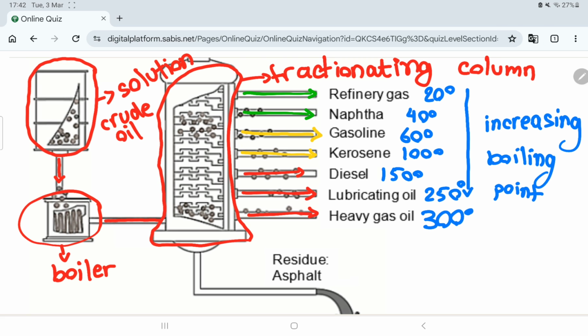Now actually 300 degrees is a high boiling point, so this is why it's the lowest. And right here, the little one that's being left out is the residue. The residue, it didn't even boil, so doesn't boil.